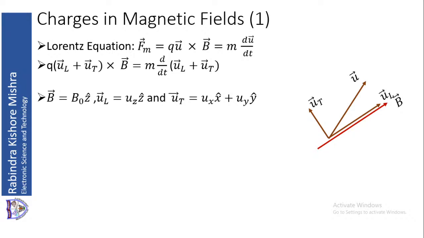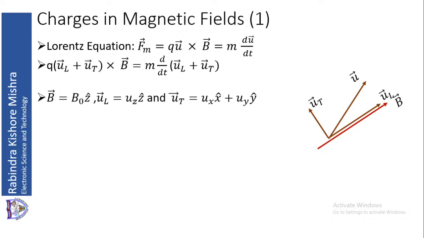We said that ut is perpendicular or transverse to ul. Ul is along the z direction, since B is along the z direction, which means ut can be in the x direction, or in the y direction, or in general it can be in the xy plane, because the xy plane is transverse to the z axis.